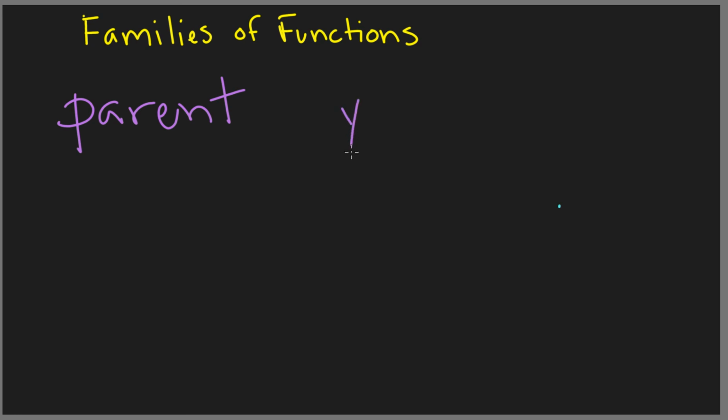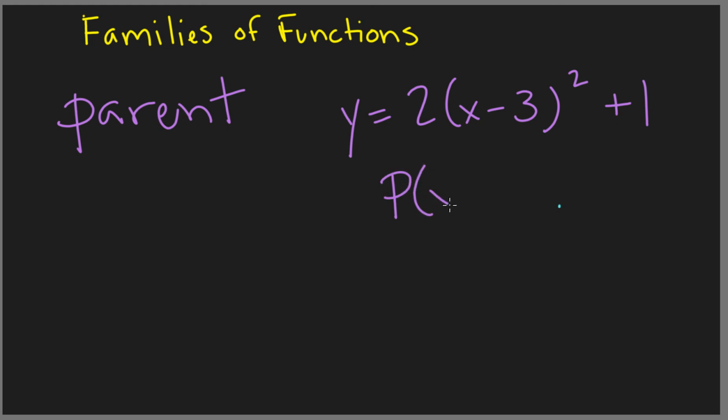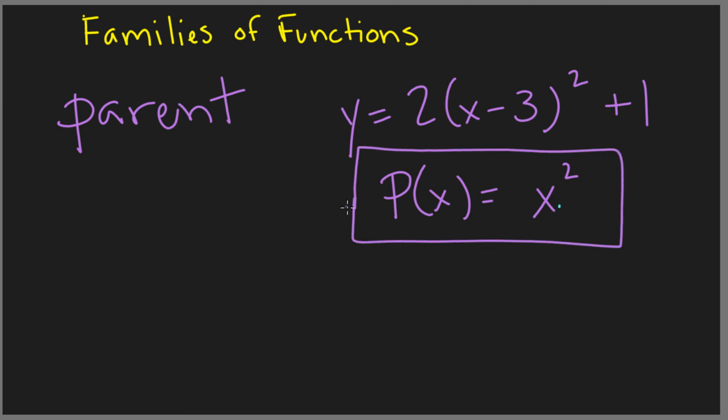So if we take y equals 2 times (x minus 3) squared plus 1, and take all of the numbers away, p of x is going to be equal to x squared. This, with no numbers, is the simplest in the quadratic family.